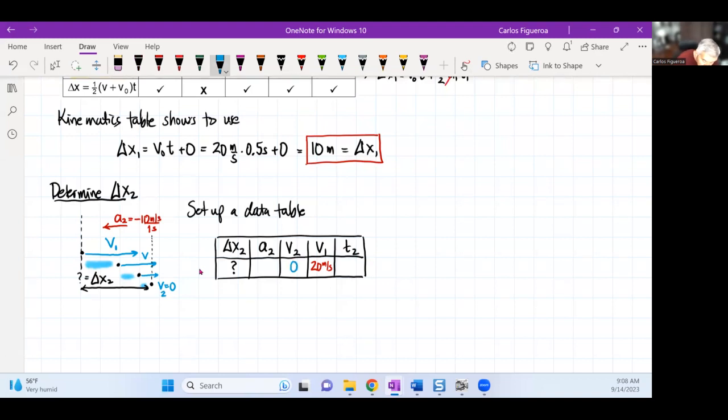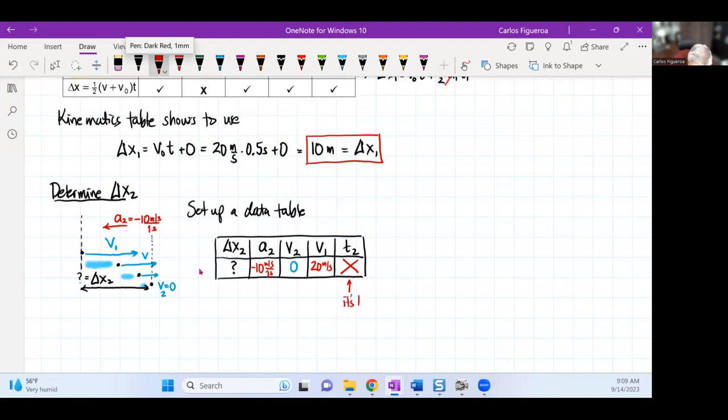What about the acceleration? We know that the acceleration in this case is minus 10 meters per second every 1 second. So the one thing that's not given here is what? The time.